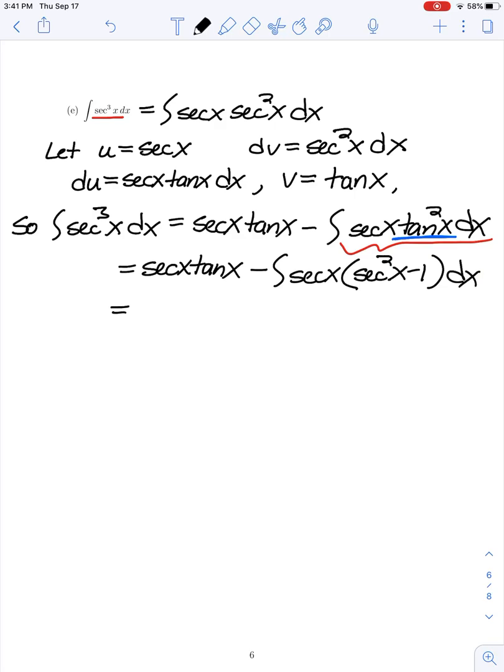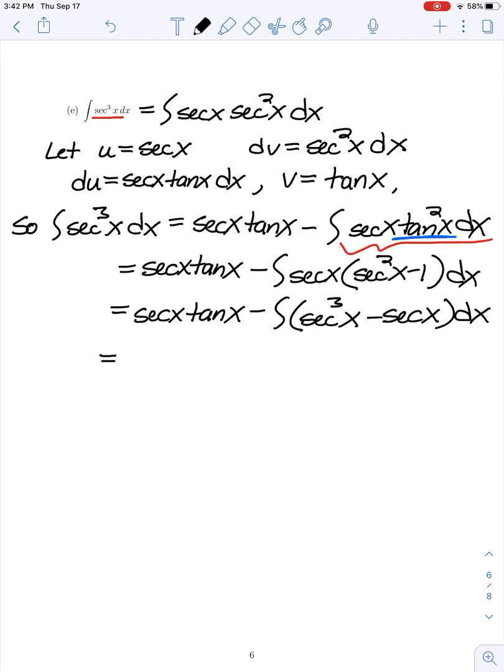So let's see what we've got. We have secant x times tangent x minus the integral of, distributing, secant cubed x minus secant x dx.